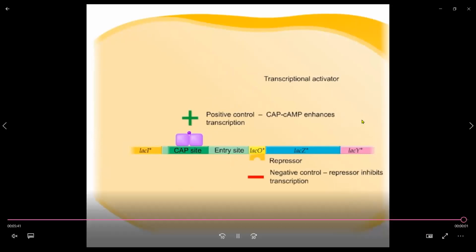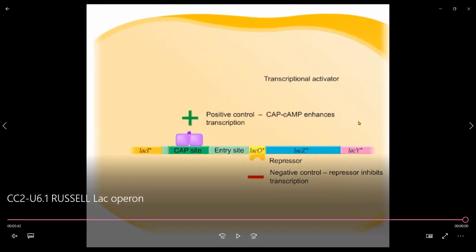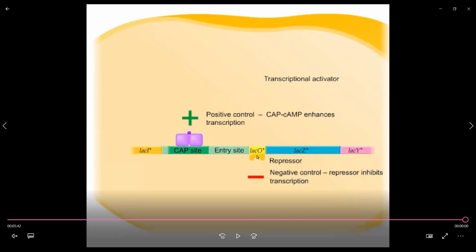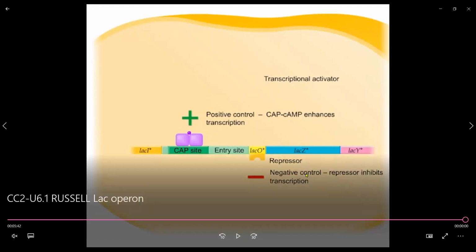While compared to the repressor molecule, if you look at the repressor molecule, you can see that the repressor molecule binds to the operator, and as a result no mRNA production is occurring. Hence, it is called negative control. So the repressor inhibits transcription, the CAP-CAM enhances transcription. Since the CAP-CAM enhances transcription, it is positive control. Since the repressor inhibits transcription, it is a negative control.